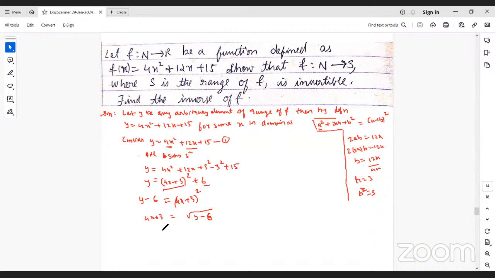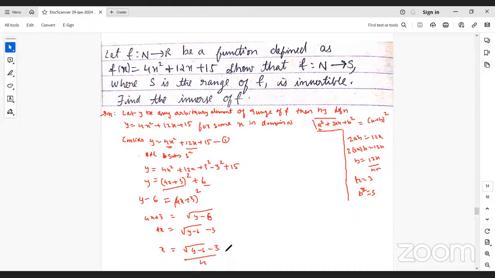On further simplifying we get 4x is equal to root of y minus 6 minus 3, or x will be equal to root of y minus 6 minus 3 whole divided by 4.